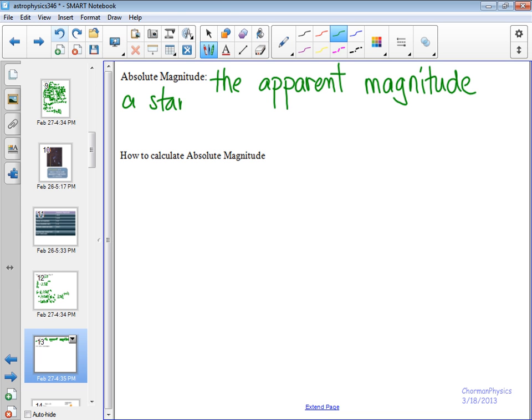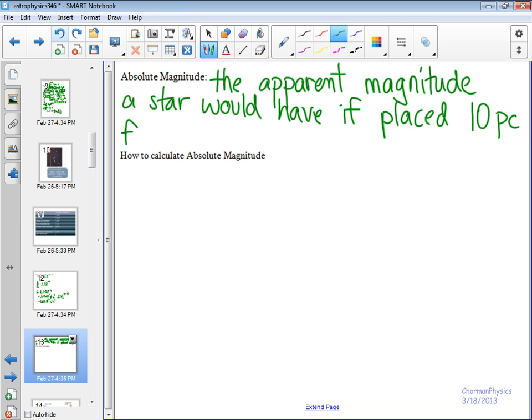That would be what we call the absolute magnitude. So I'll repeat this here: the absolute magnitude a star would have if placed 10 parsec from the Earth.